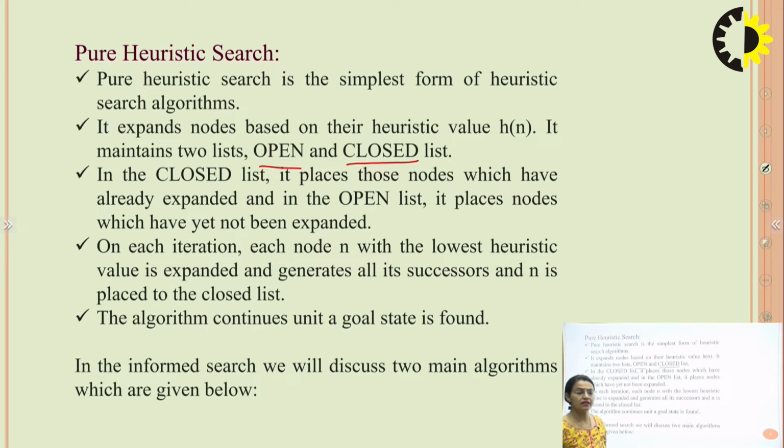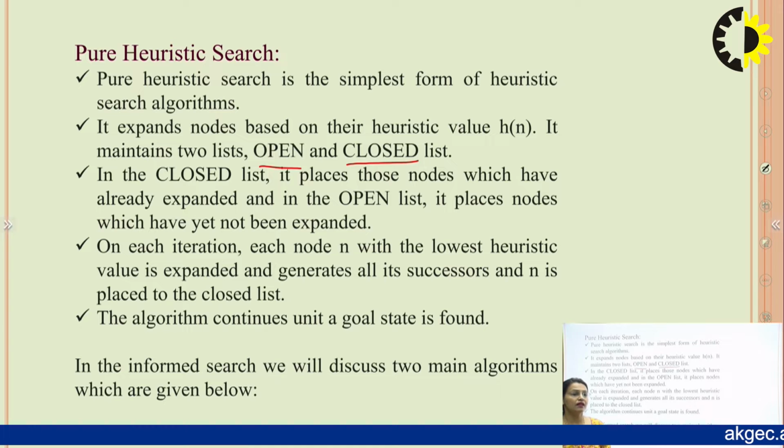In the closed list it places all the nodes which are already expanded, and in the open list it places the nodes which have not been expanded. So on each iteration, the node with the lowest heuristic value is expanded, it generates all its successors, and n is placed in the closed list. This algorithm continues until the goal state is found.